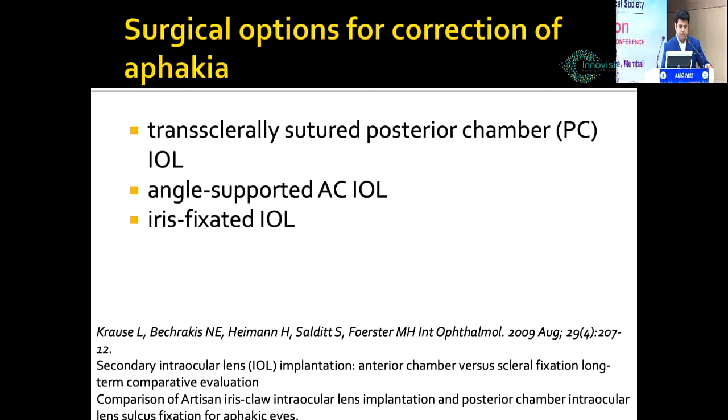So what are the surgical options that are actually available for correcting aphakia? I believe that transscleral sutured PC IOL is probably the best because it is the closest to the nodal point. However, we all know that it has a very steep learning curve, and you have to actually practice a lot of cases, only then you become an expert.